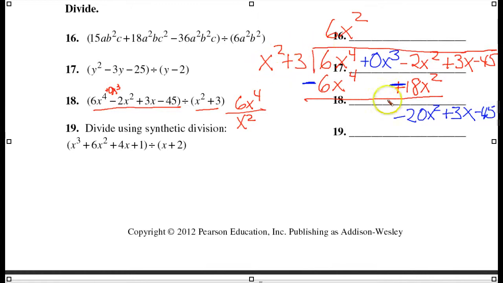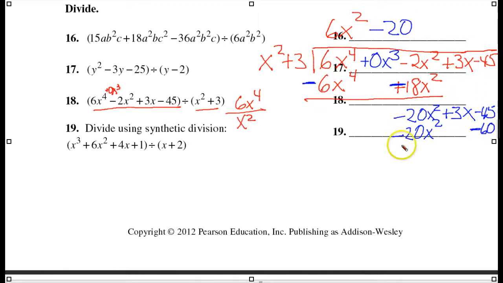Now, x squared goes into a negative 20x squared a negative 20 times. So x squared times this is a negative 20x squared. I guess we didn't need this time. And now 3 times a negative 20 is going to be a negative 60. 3 times a negative 20.